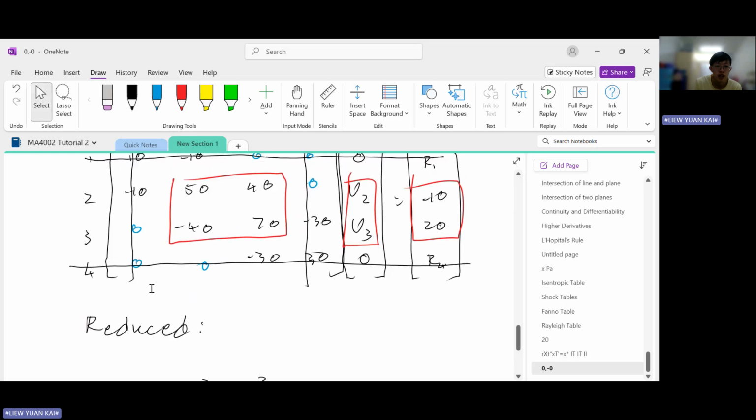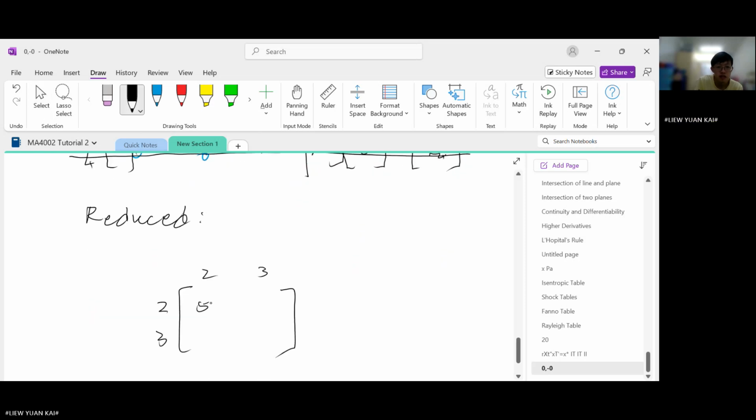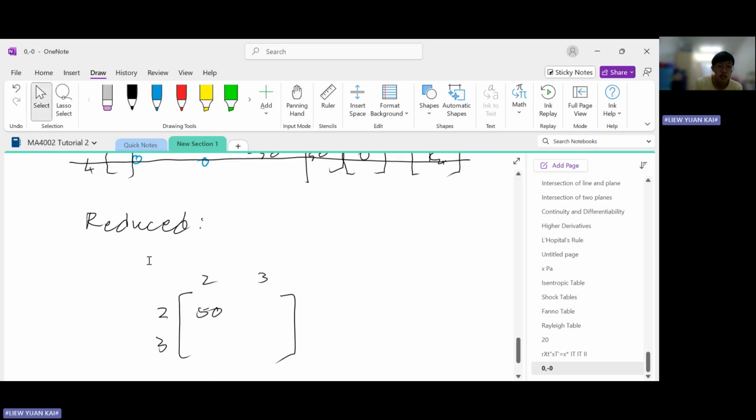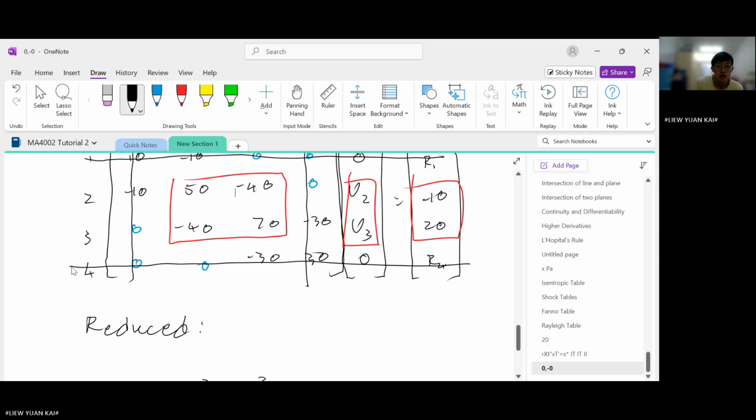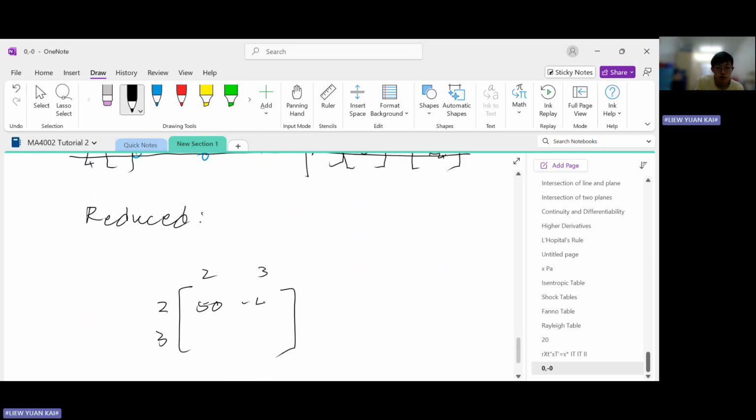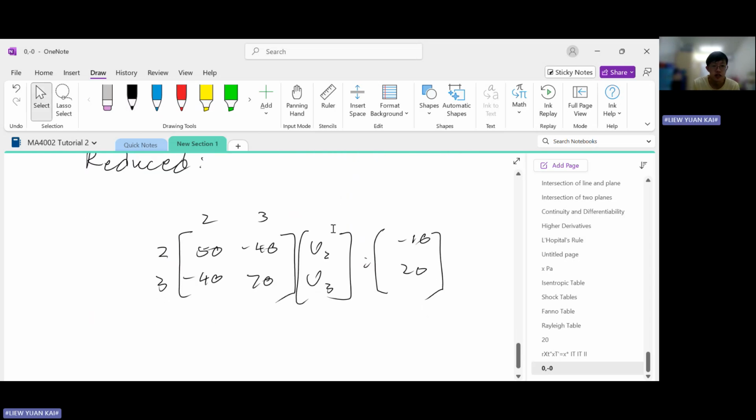Then you copy down the remaining entries of 50, well, actually it's minus 40. Minus 40, minus 40, and 70. And what you're left with is U2, U3. So actually, you see, your only unknowns are U2 and U3.